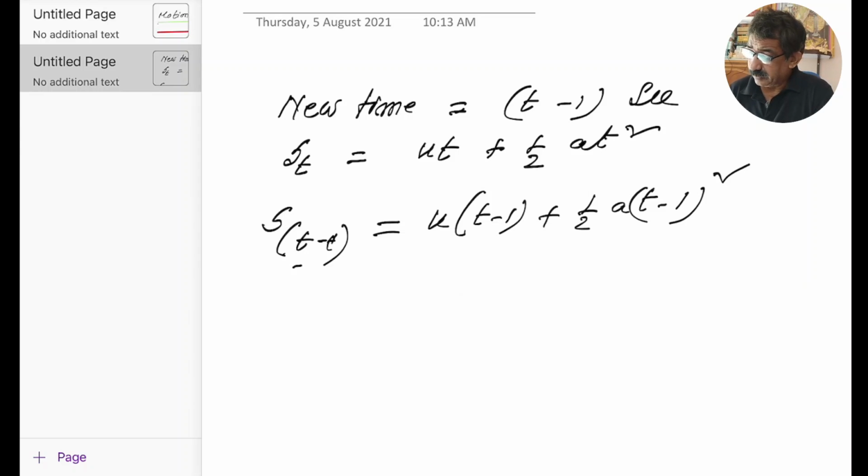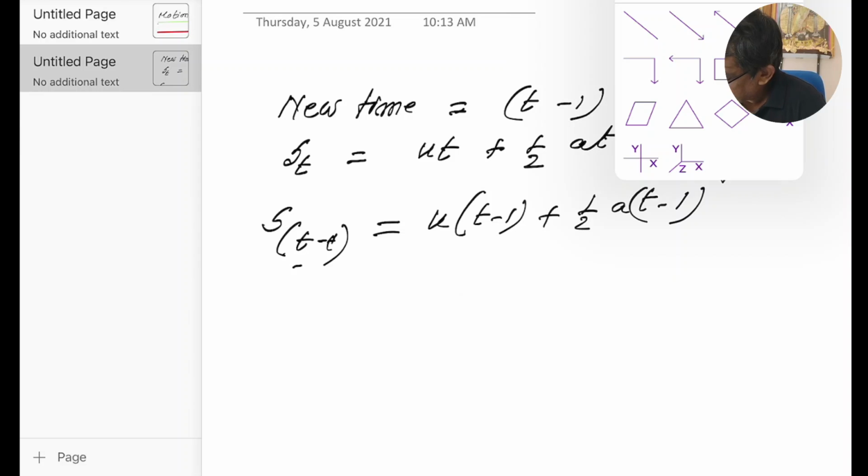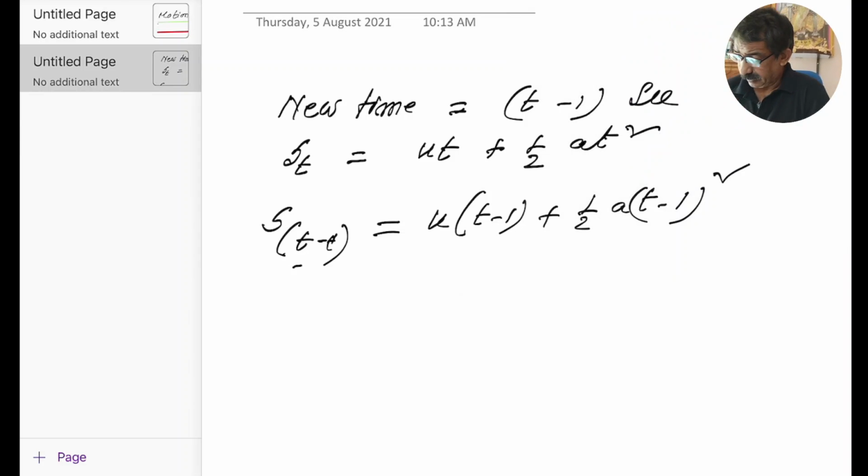Now, if we draw a picture like this, this is st. Then reasonably s t minus 1, that means the distance traveled by the particle in t minus 1 second, will be less than that distance.